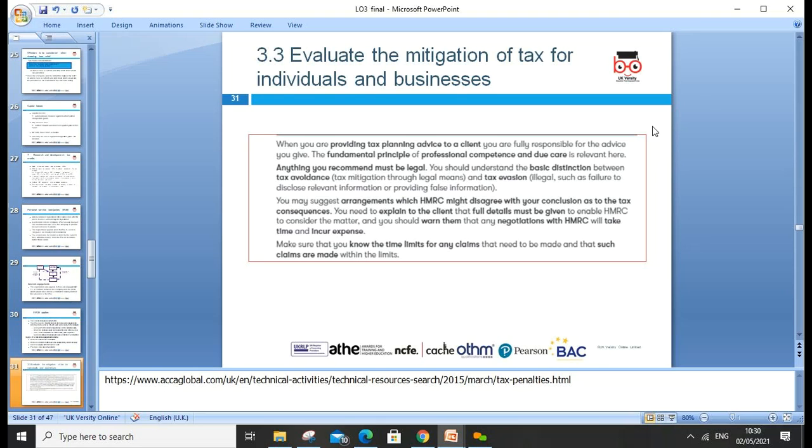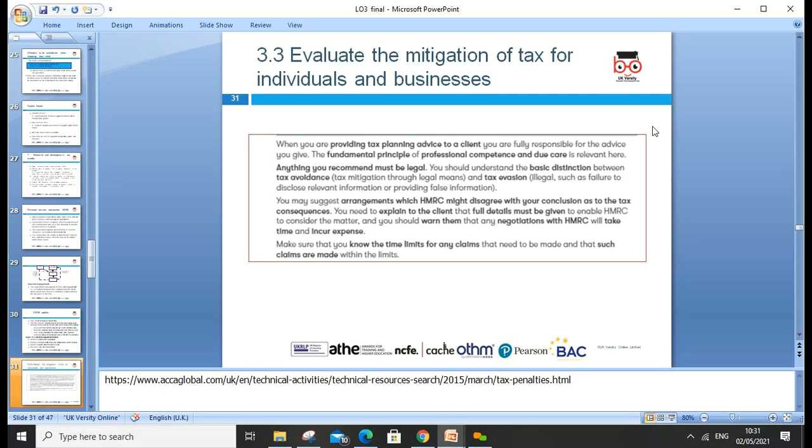If you suggest an arrangement with which HMRC may disagree with your conclusion on the tax consequences, you need to explain to the client that full details must be given to enable HMRC to consider the matter. You should warn them that any negotiation with HMRC will take time and incur expenses.